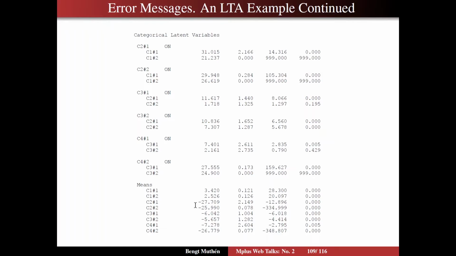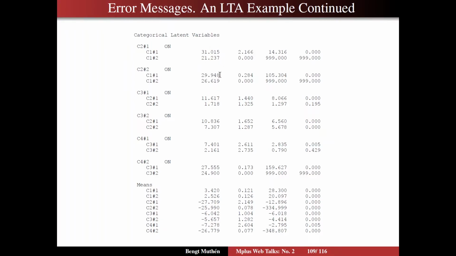Now that value is not problematic by itself. It doesn't trigger the condition number threshold saying it's singular, but when it combines with the C2 regressions on C1, you see that you have very high values here.